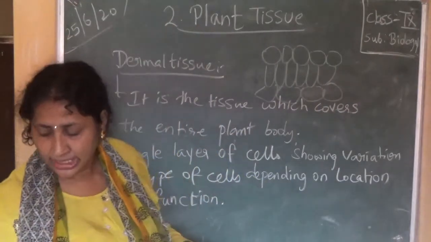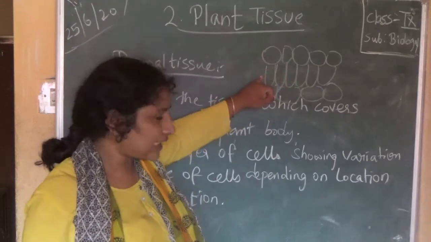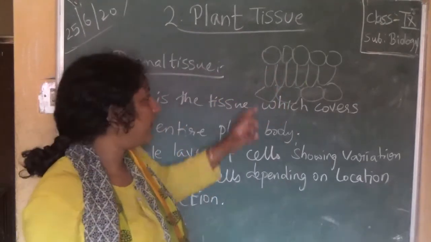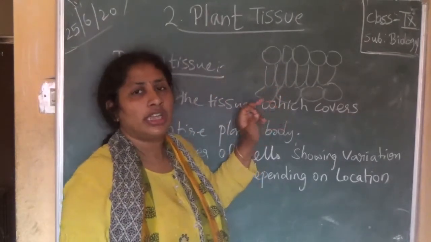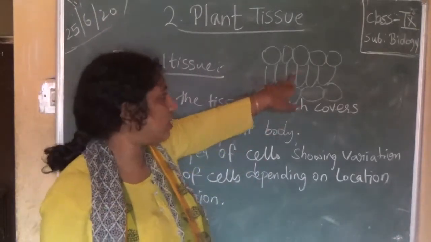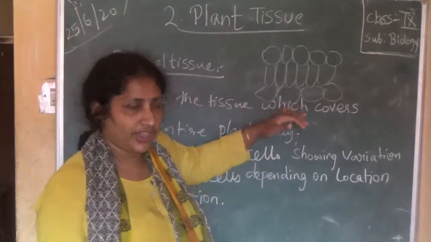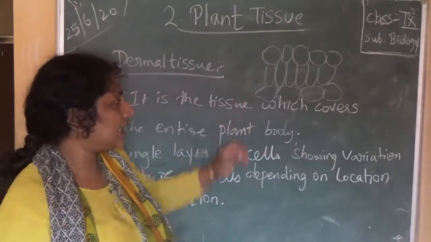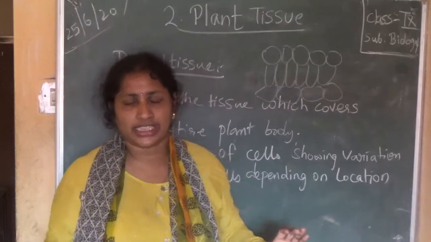Location is nothing but place. It is present in different places and has different functions, but it is dermal tissue. This is also dermal tissue having a different location. It is not present here or here. Simply, dermal tissue is nothing but a single layer of cells.